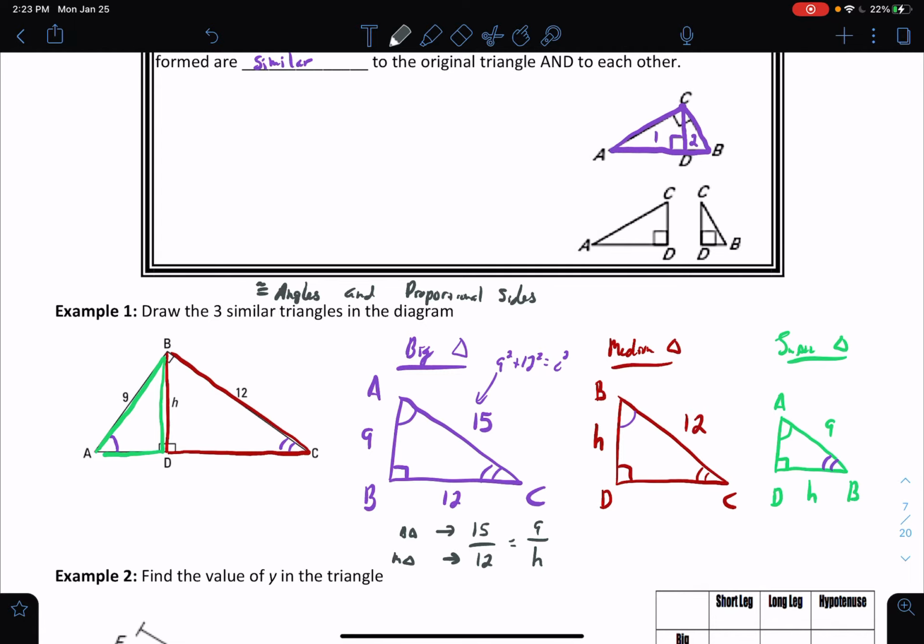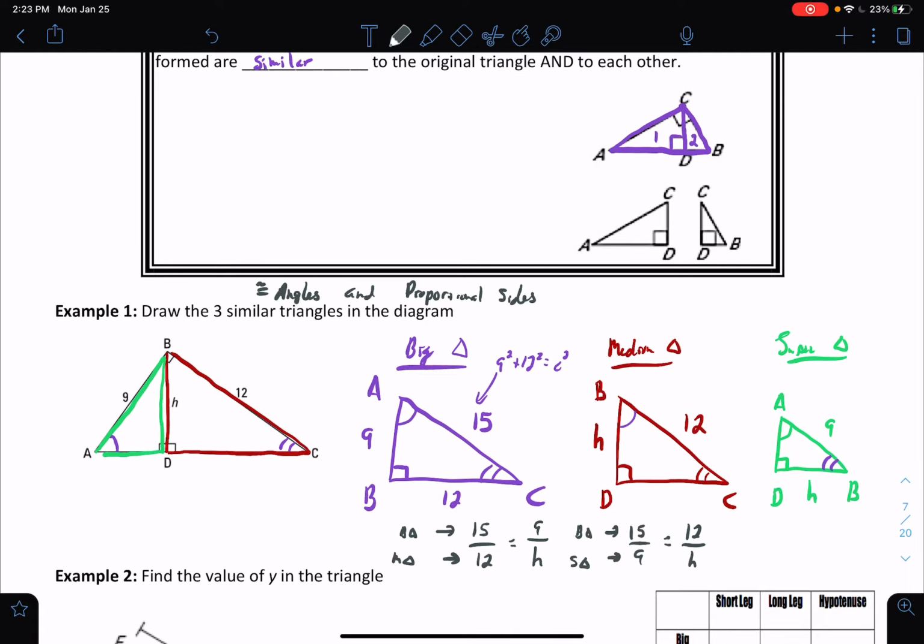Or we could set up 15 from the big to 9 in the small, just like 12 in the big to H in the small.